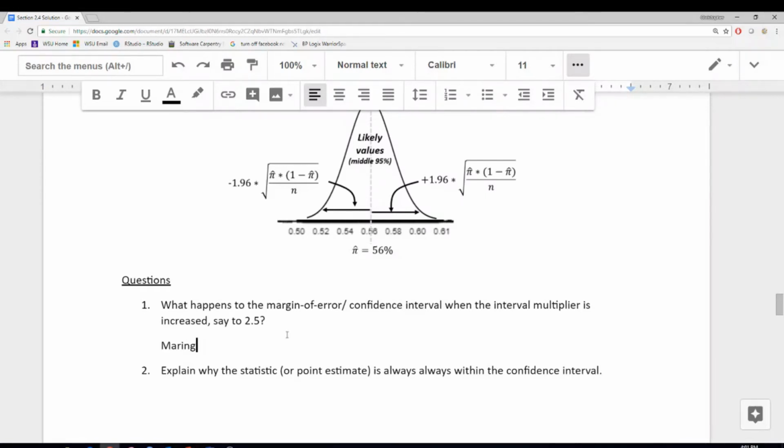Well, the margin of error will increase, which will push the upper and lower endpoints out further.